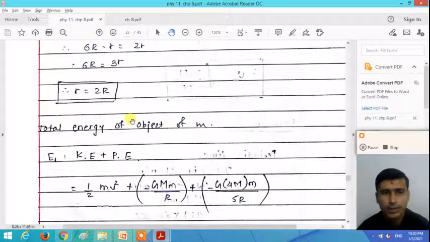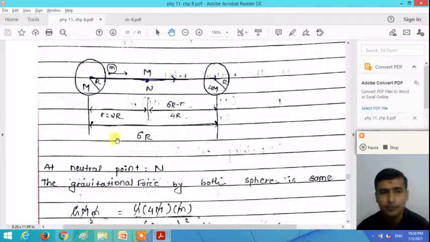So the total energy E of the object on the surface of the first sphere is equal to kinetic energy plus potential energy. You know the kinetic energy is 1/2 mv square, plus potential energy. How do we calculate the potential energy of the object having a small mass m on the surface of the first sphere, right?